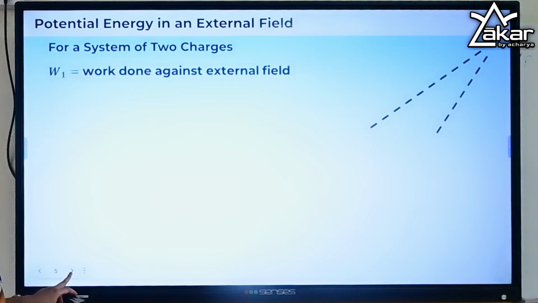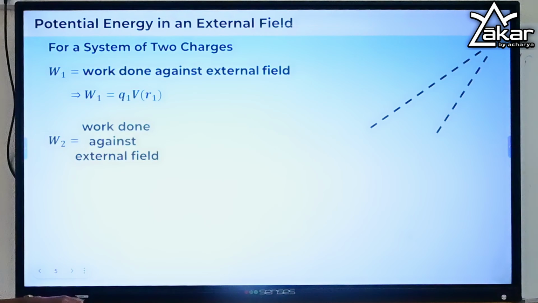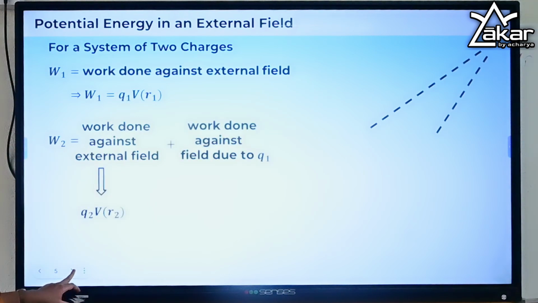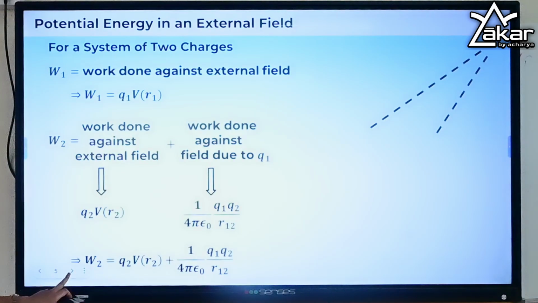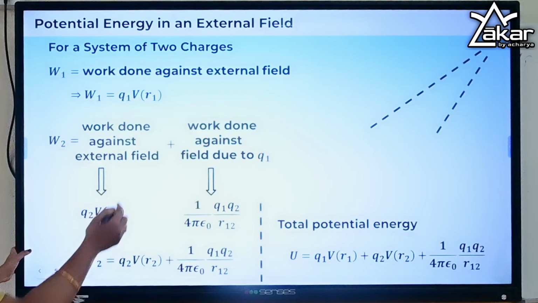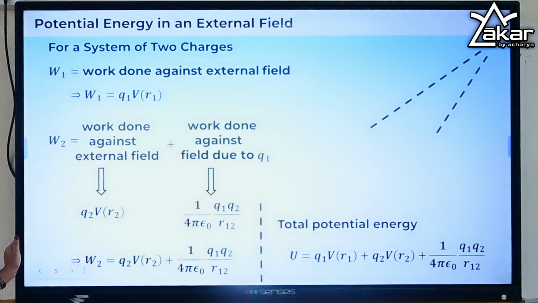So this is the expression for potential energy in an external field. The next is potential energy in an external field for two charges. In this diagram we have taken two charges, that is, potential energy in an external field for a system of two charges.